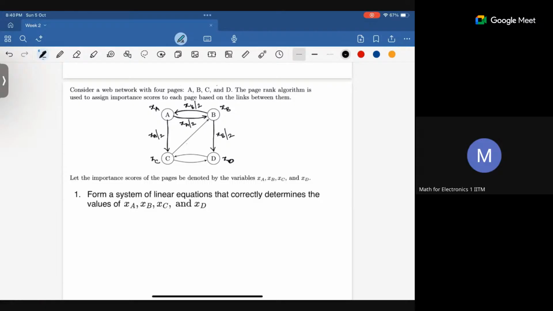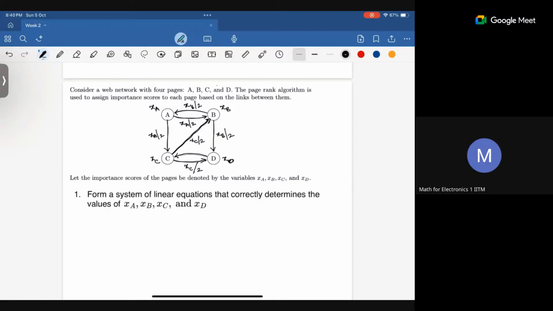Similarly, for C also, web page C has XC importance and that importance is being shared between 2 of them. So XC by 2, XC by 2. And D has only one link.